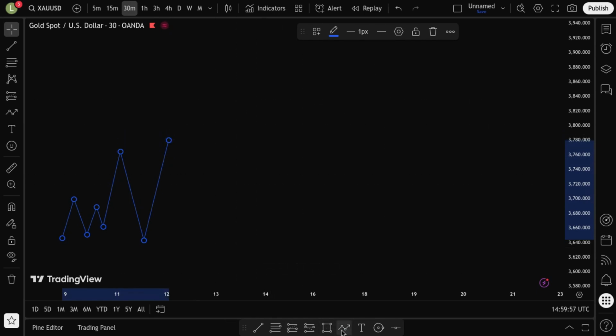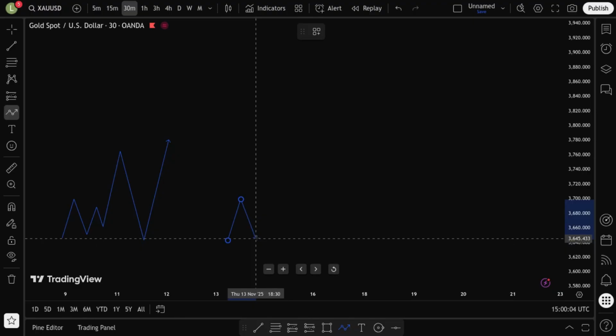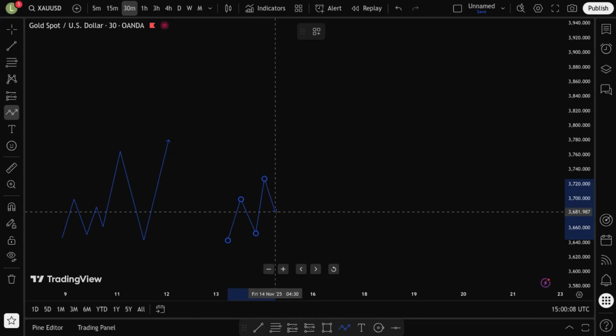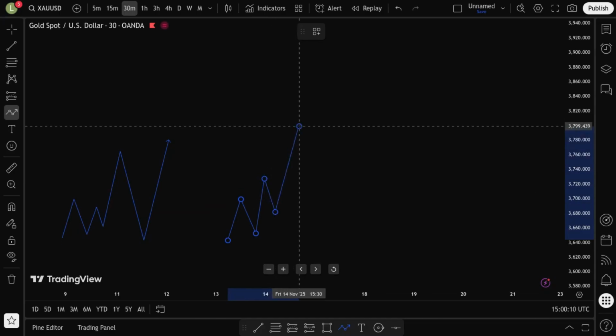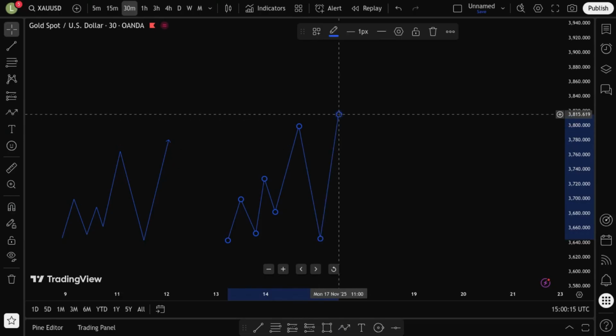Liquidity can also play out something like this: this high, come to this low, break this high, take out all of this, and go to the upside.